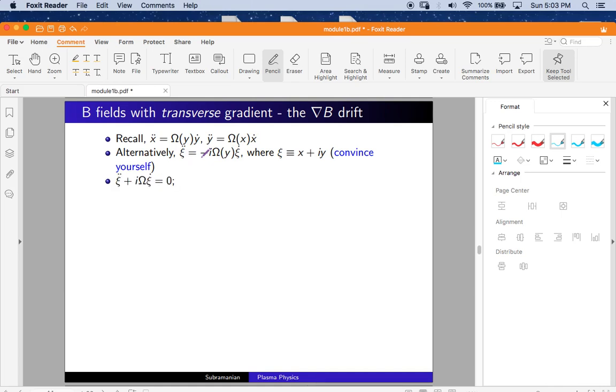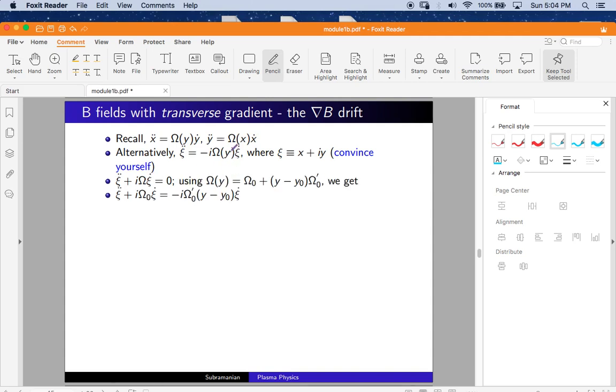Right, and in the zeroth order, this is the equation that gives you gyro motion. It is exactly the same as what you did earlier, with omega just taken to be a constant, not this, right?